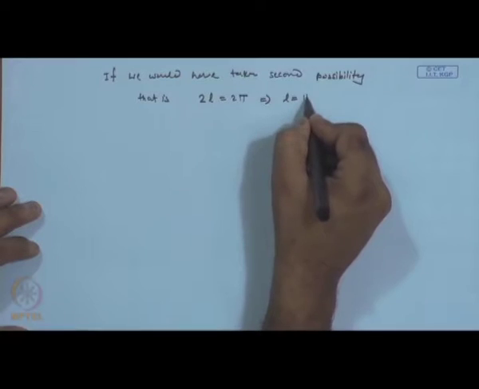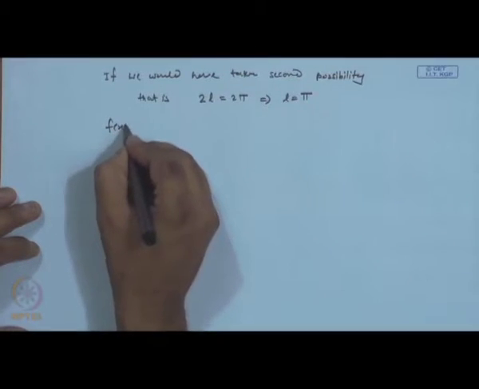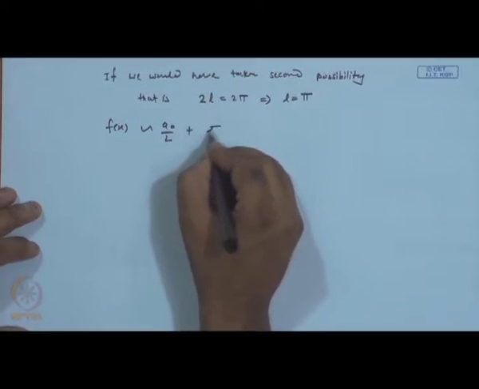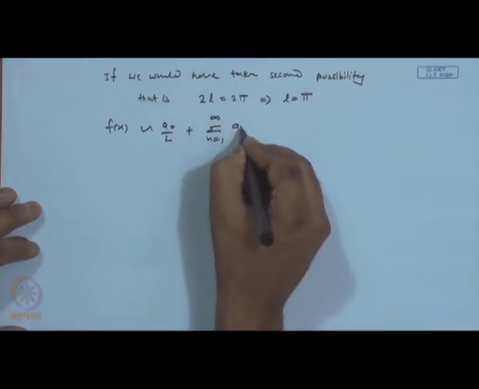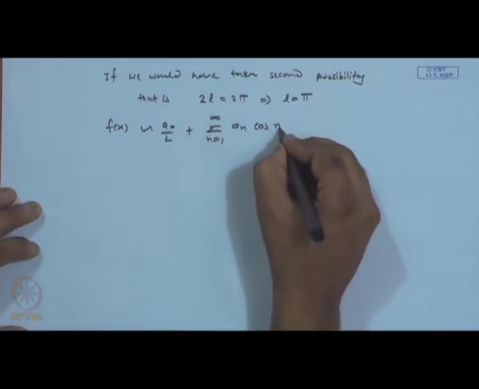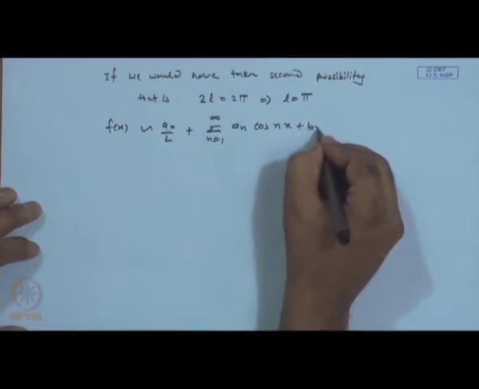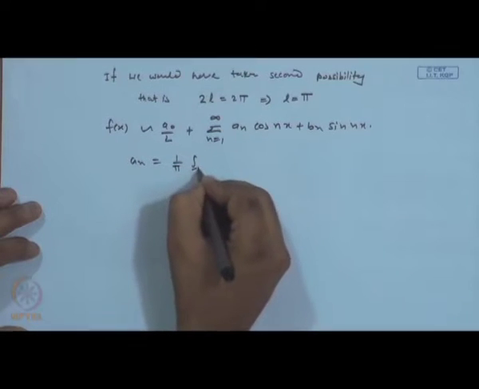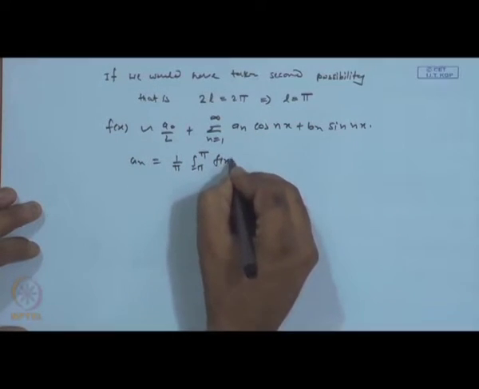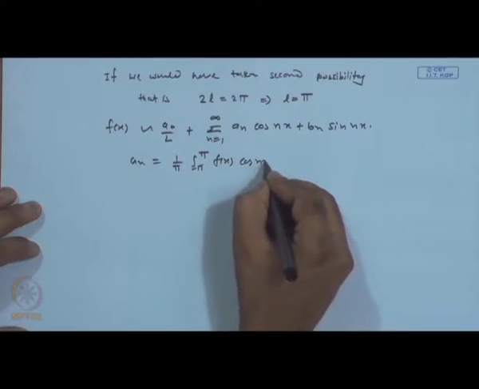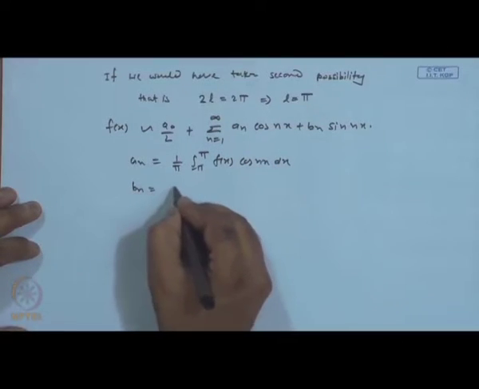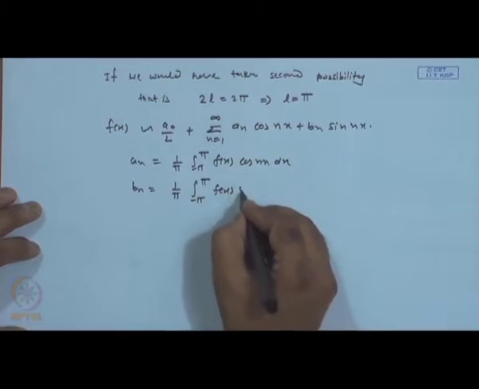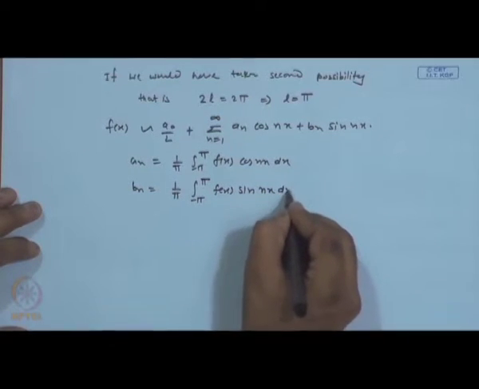In this case again f x is a 0 by 2 plus sum from n equal 1 to infinity, and we have this standard series in this interval, a n cos n x plus b n sin n x, and this a n is 1 over pi integral from minus pi to pi f x cos n x dx, and b n is 1 over pi integral from minus pi to pi f x sin n x dx.